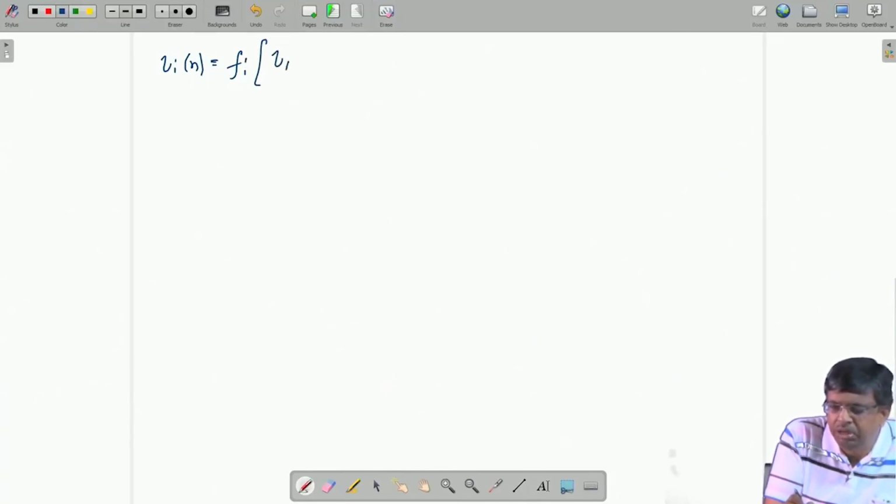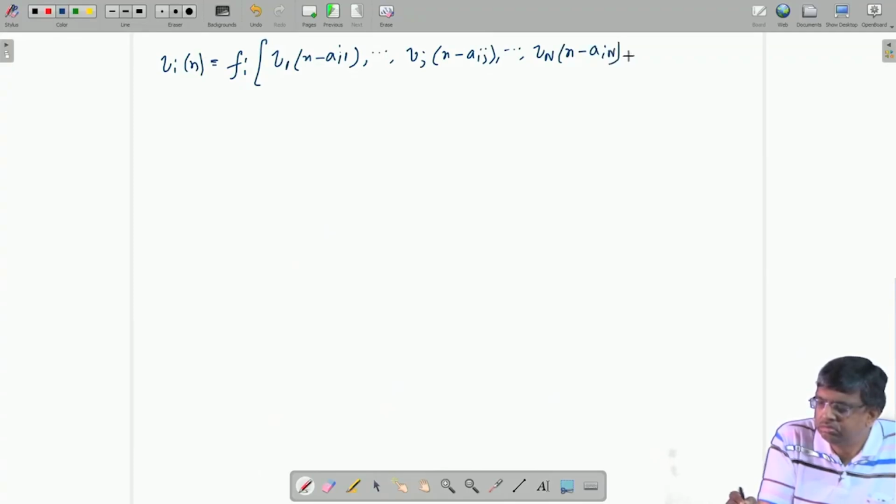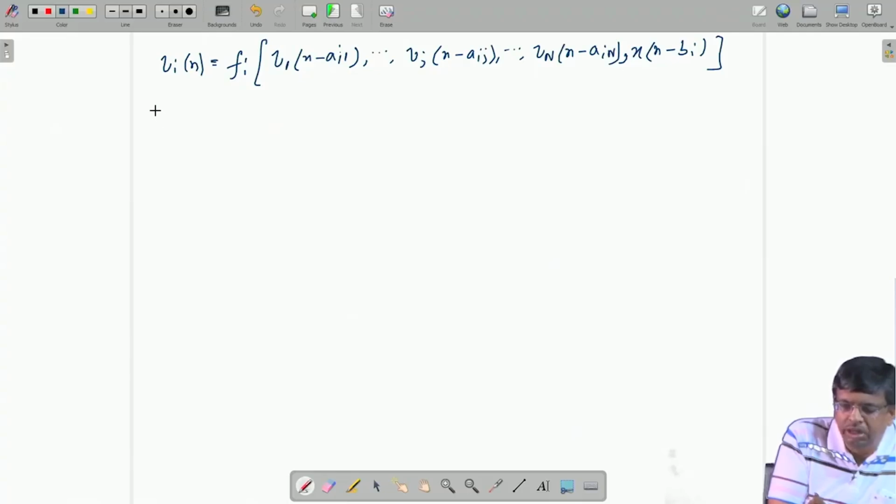Vi[n] was Fi of V1[n minus Ai1], dot dot dot, Vj[n minus Aij], dot dot dot, V capital N, and so on. This was Vi[n], and then Ui[n].